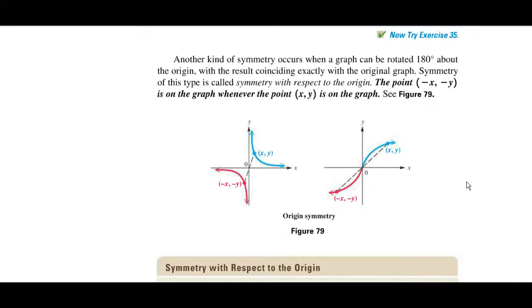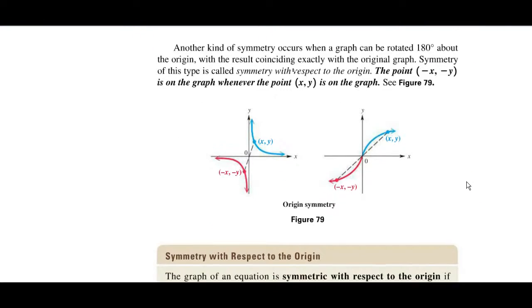Now, we can look at something like this, where we talk of another kind of symmetry when a graph can be rotated 180 degrees around the origin, with the results coinciding exactly with the original graph.